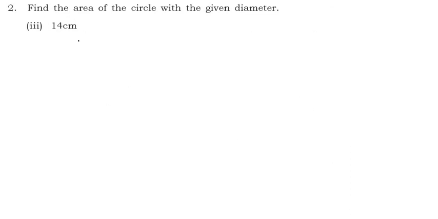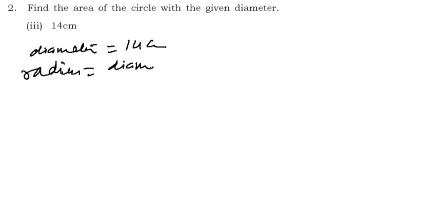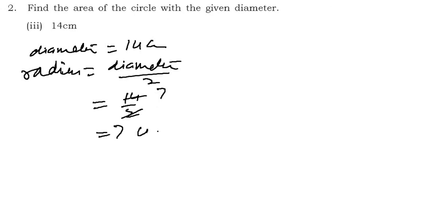Now come to the last question of this exercise. So diameter is given as 14 centimeter. Find the radius. Radius will be equal to diameter divided by 2. So that is the 14 upon 2. 2 1s are 2, 2 7s are 14. So that will be 7 centimeter.